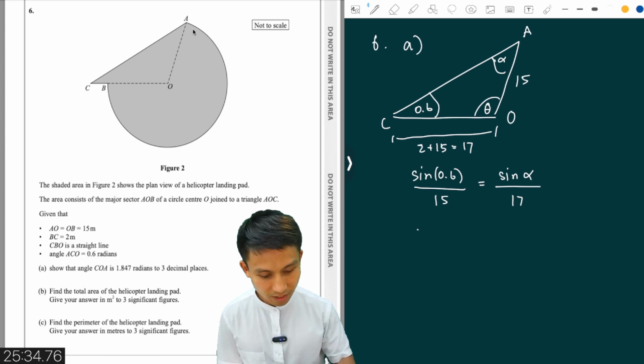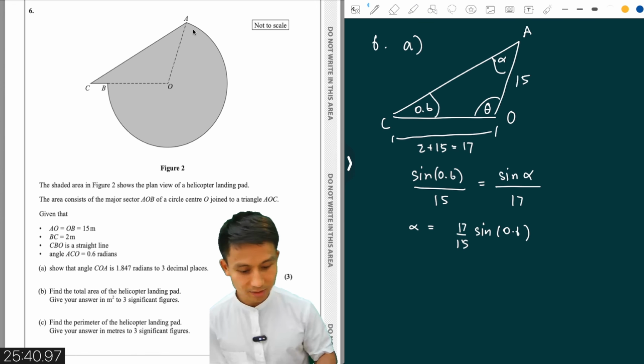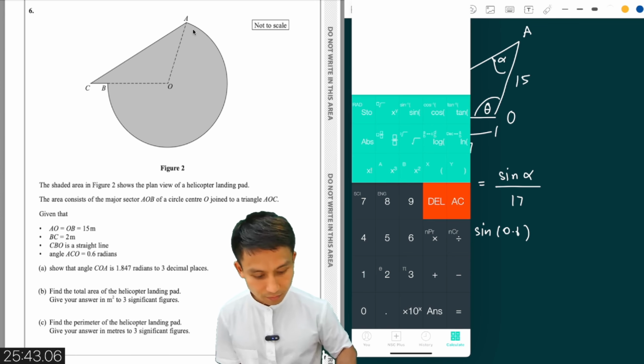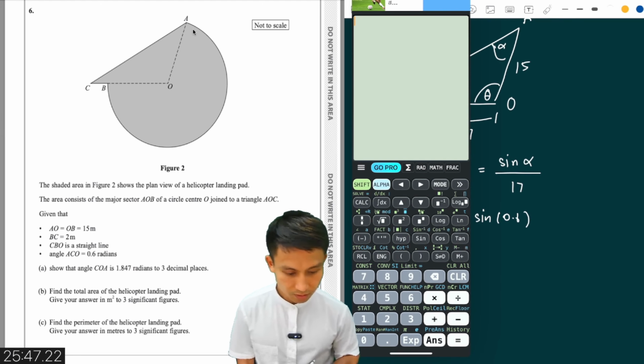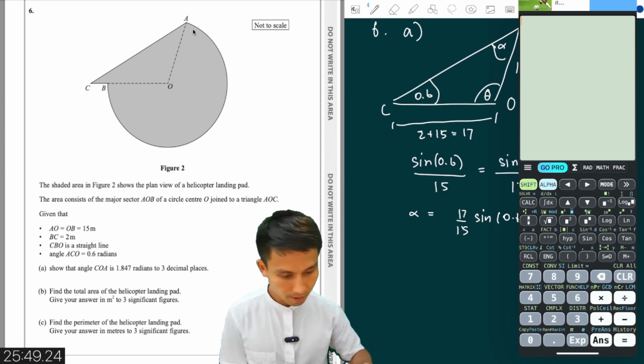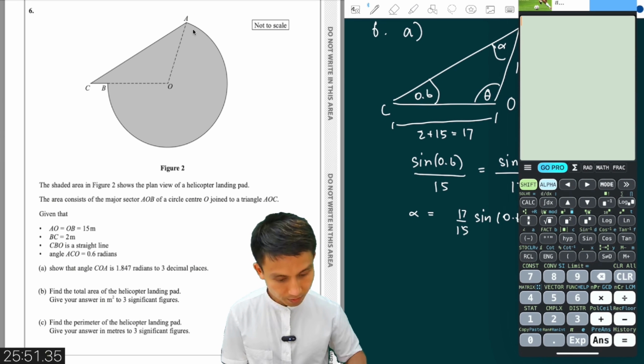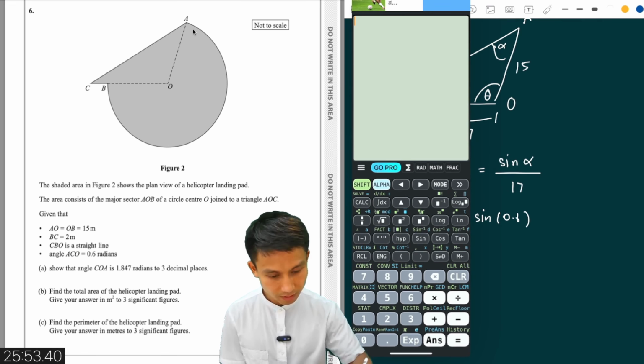So alpha equals 17 over 15 sine of 0.6, in radians. I'm going to use a different calculator here. Wait, that should be arc sine.